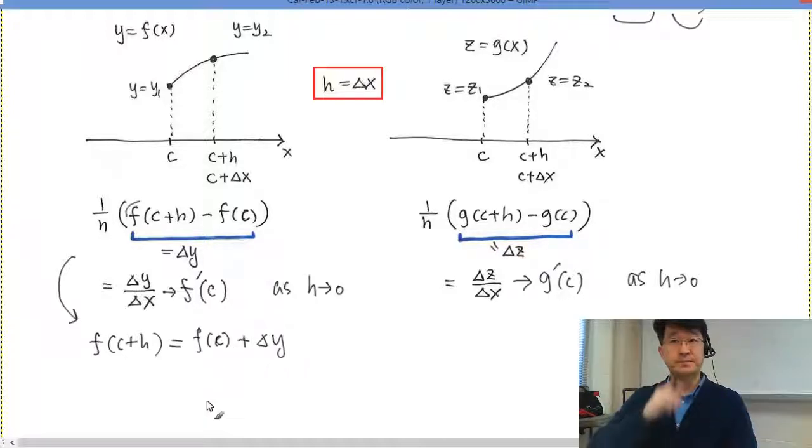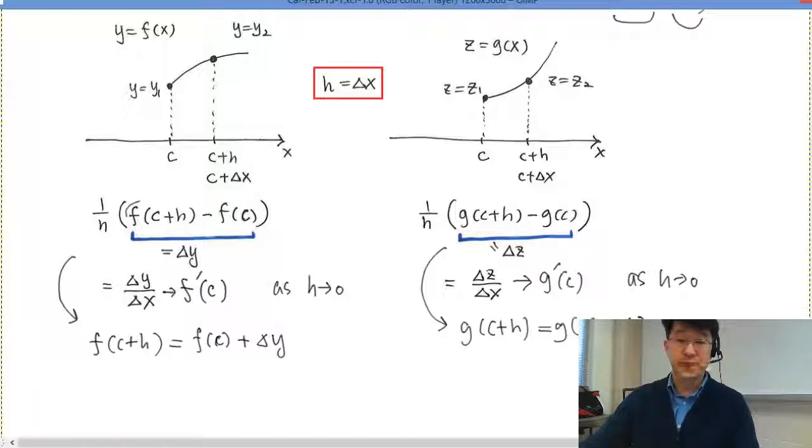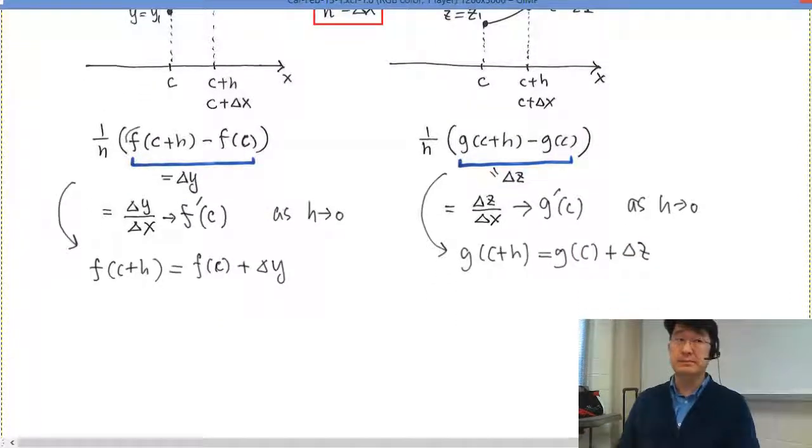If you add f of c to both sides, you have f of c plus h is this, right? How about here? What do you get? g of c plus h is equal to g of c plus delta z. That's that. This is all you need from individual analysis.